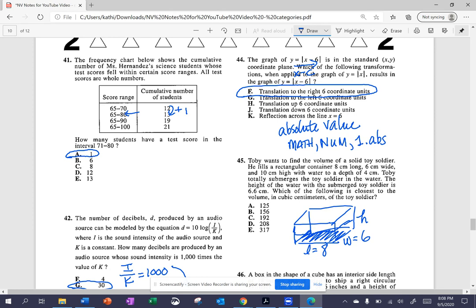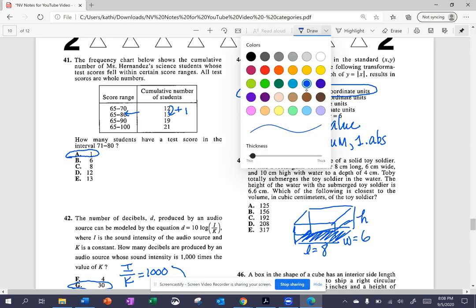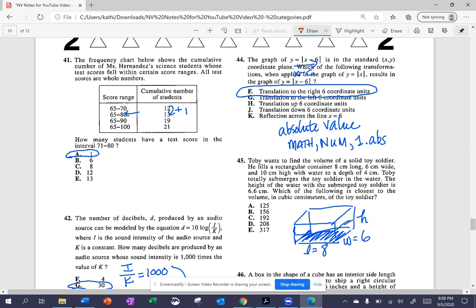But I started and I filled it up originally. So originally he filled it up and then he added water with the toy soldier and it went up. So the original height is 4 and my new height is 6.6. So here's my original and here's my new height.